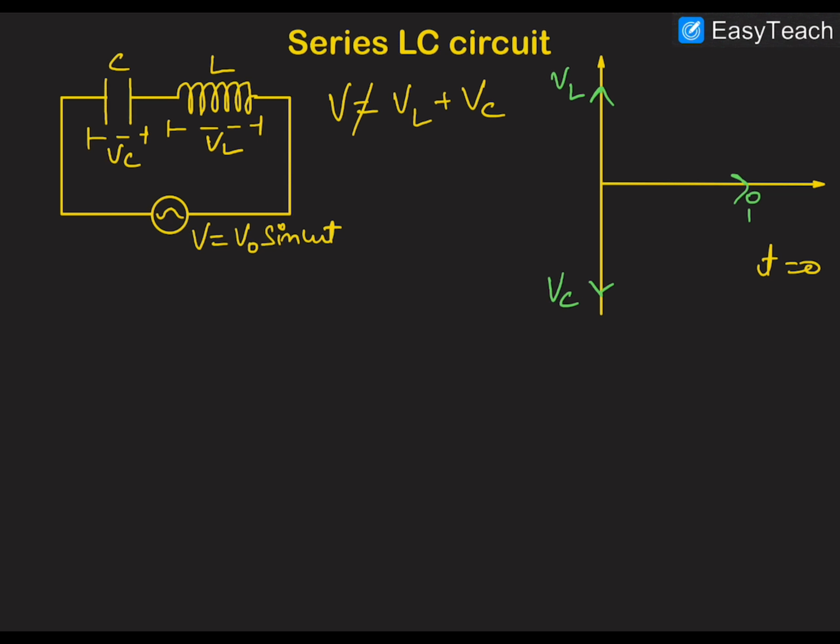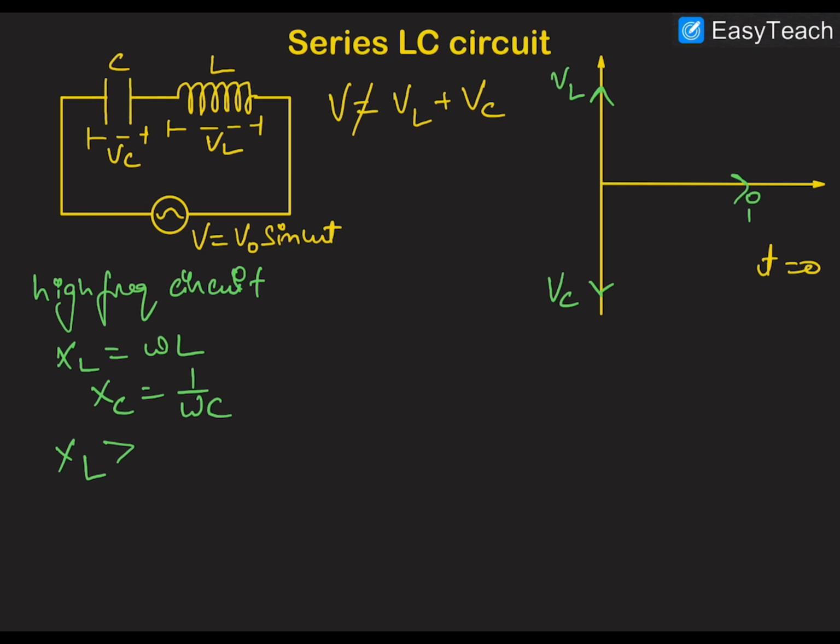Now, there are two cases. If we are considering a high frequency circuit, then XL, which is omega L, and XC, which is 1 upon omega C, and obviously omega is high in a high frequency circuit, so XL will be greater than XC, and therefore VL will be greater than VC.